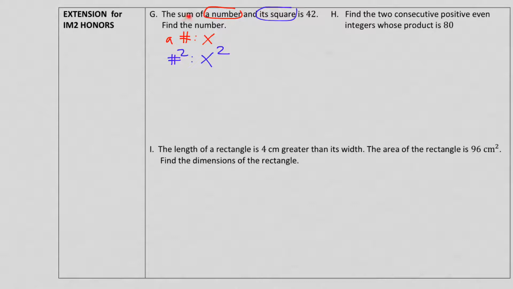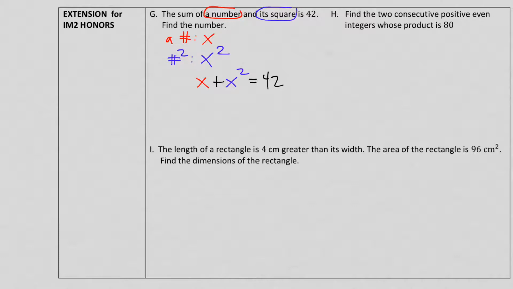And then it says the sum of these two things equals 42. So I can translate this to x plus x squared equals 42. Once I've translated the words into terms, then I can start to attack the actual equation.